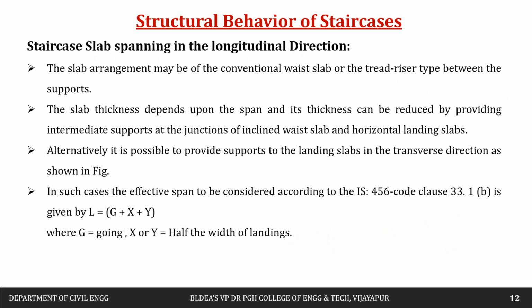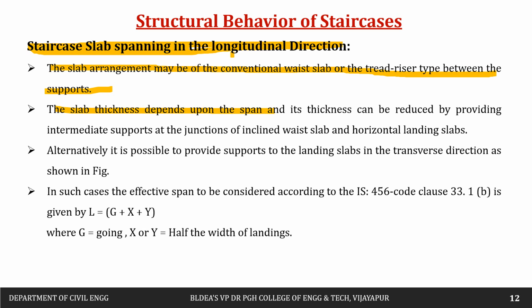Then next is the staircase slab spanning in the longitudinal direction, right? The same thing we'll see. The slab arrangement may be of a conventional waist slab type or riser and tread type between the supports. The slab thickness depends upon the span. So what is the span?